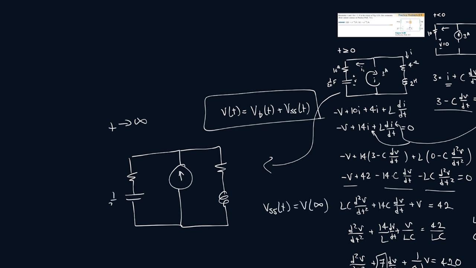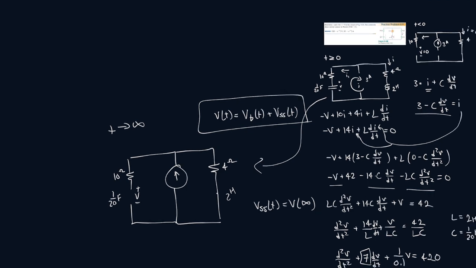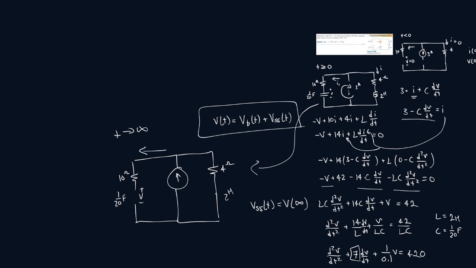So this is 1 over 20 farads. This is 10 ohms. This is 4 ohms, and this is 2 henries. So obviously this short circuits, and this becomes an open wire. And we have to find the voltage at this point. So we know the voltage passing through here is going to be 0. So that means this resistor is pretty much just useless.